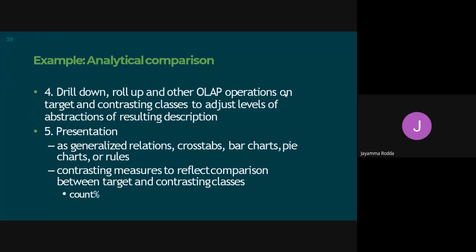That is drill down, roll up, and other OLAP operations will be performed on the target and contrasting classes, based on the necessity of the user, because the user has to adjust the abstraction levels of the final class description.